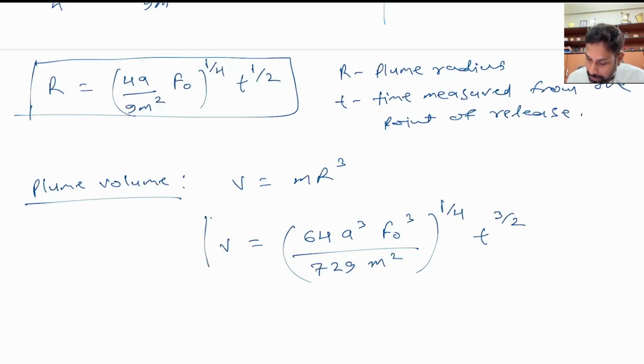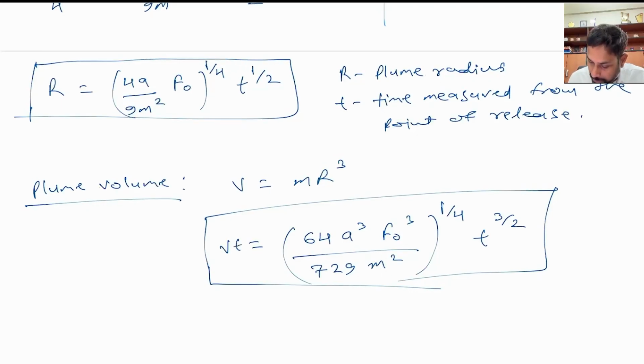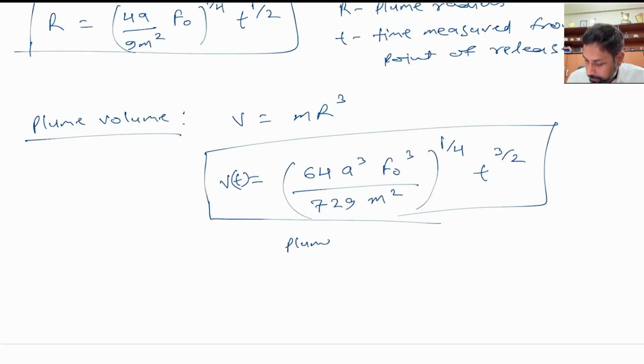Okay, so this is the formula for volume. Not flux, the total volume of the plume at any time t.